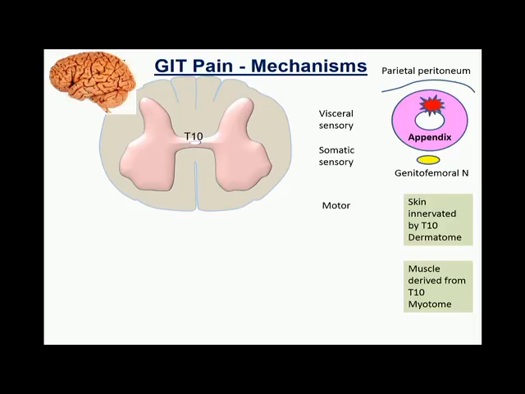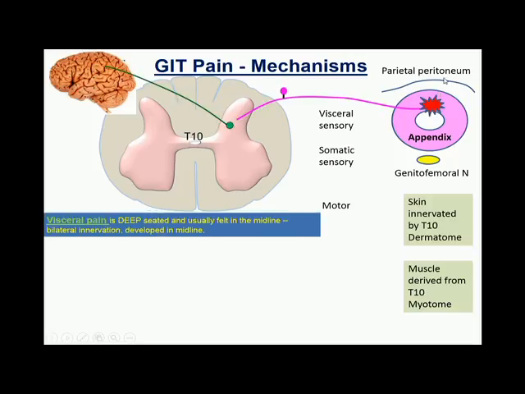When there's intramural pathology, it will stimulate the visceral nerve fibers, and via these sensory nerves the pain signals go to the T10 segment, because the appendix is mainly innervated by the T10 spinal segment. It goes to the dorsal horn of T10, and from there the sensory pathways transmit these pain signals to the brain. And now you will feel the visceral pain.